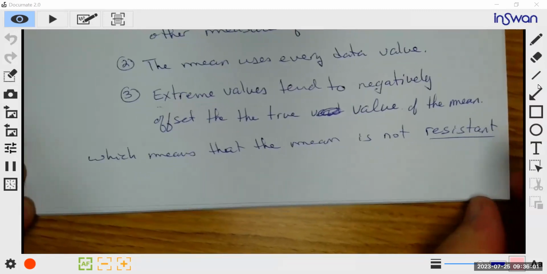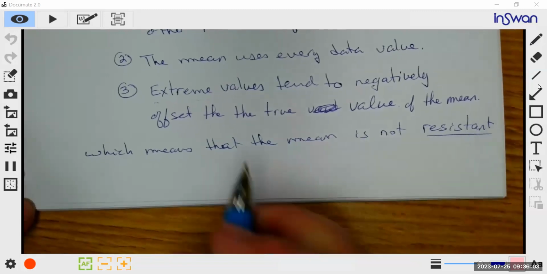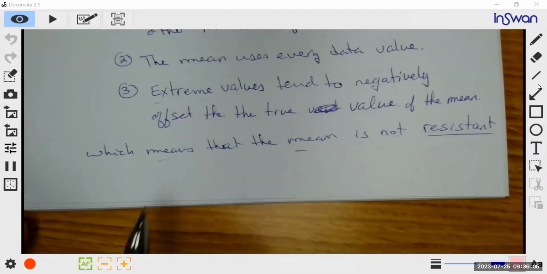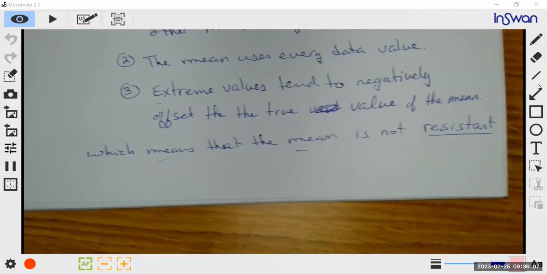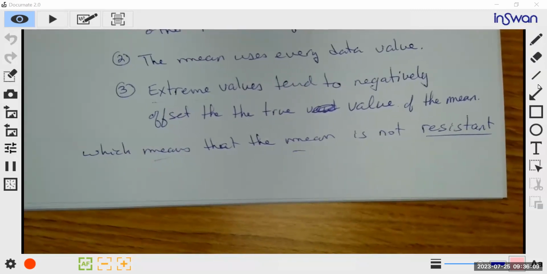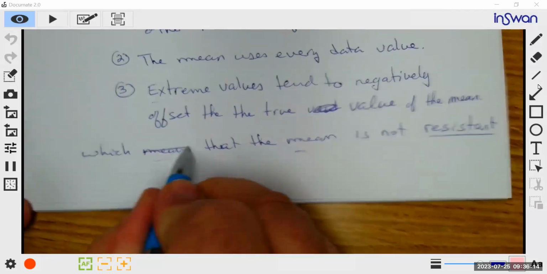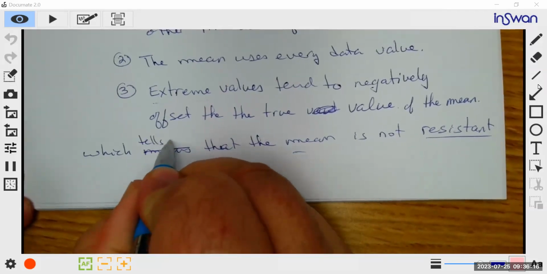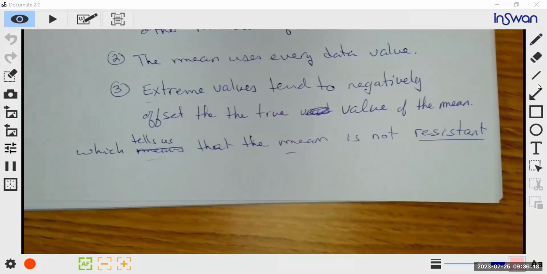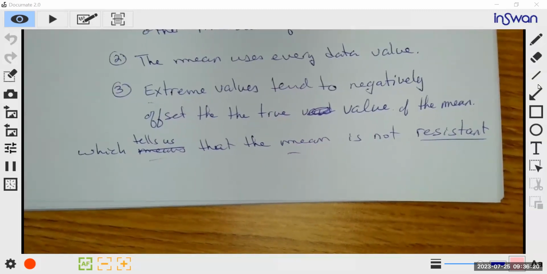What's that? Which tells us, or shows us, that the mean is not resistant. What does resistant mean?